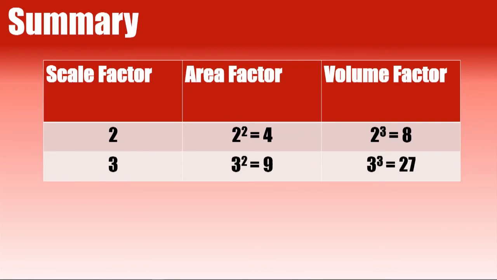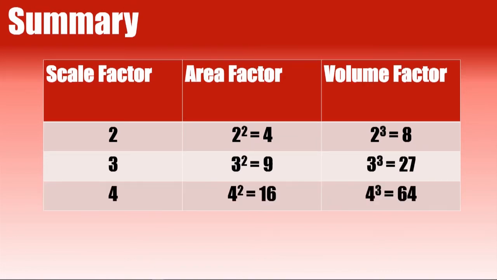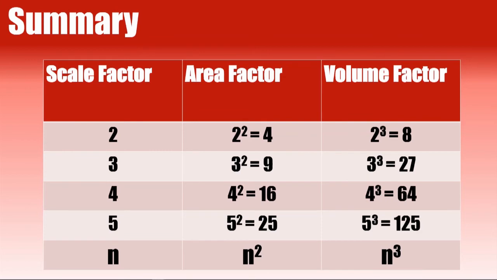Similarly, if the scale factor is 3, the area factor is 3 squared, or 9. The volume factor is 3 cubed, or 27. And we can use this same pattern for working out the factors. And in general, if the scale factor is n, the area factor is n squared, and the volume factor is n cubed.